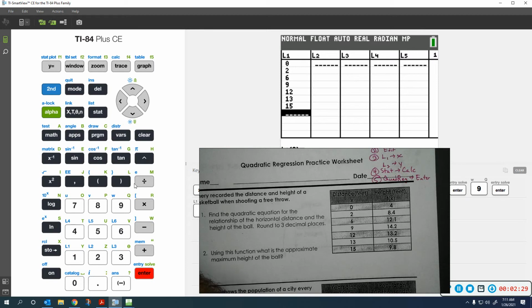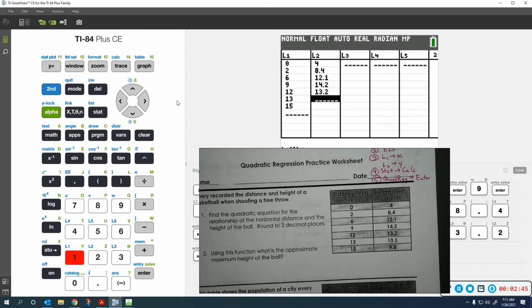Now we're going to move over to the next category in the L2s, and we're going to type in the heights. So we've got 4, 8.4, 12.1, 14.2, 13.2, 10.5, and 9.8. So we have our information now.